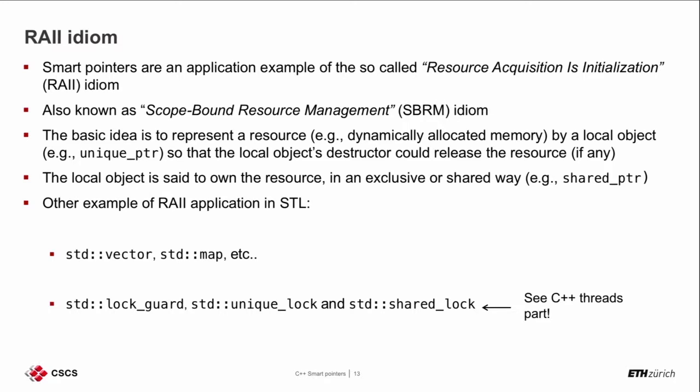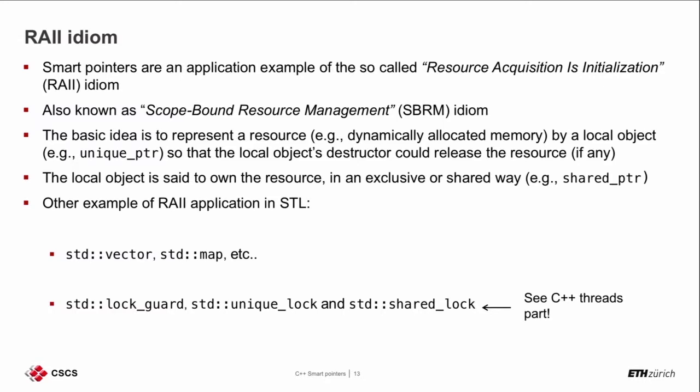The idea with this idiom is that you have to deal with a given resource in your code, let's say dynamically allocated in memory, for example, which is the case of interest for this presentation. You can represent that particular resource with a local variable in such a way that when that variable is deleted because it goes out of scope, the resource is automatically released for you.